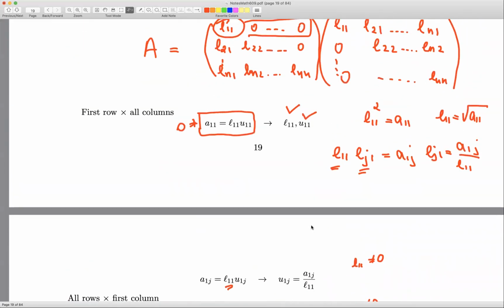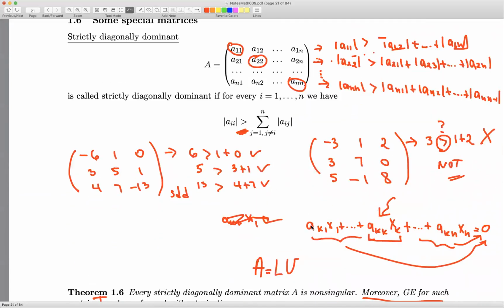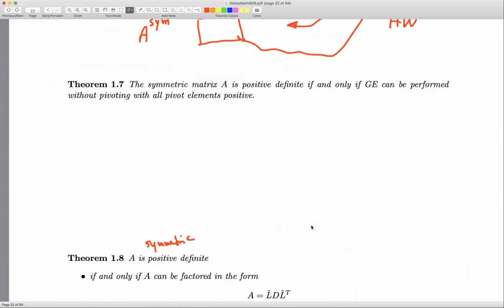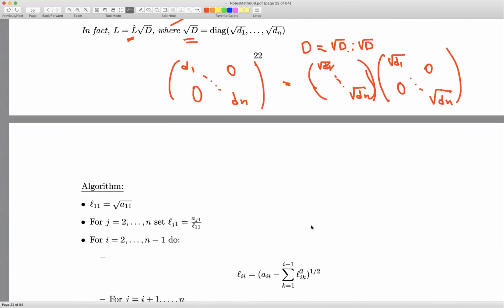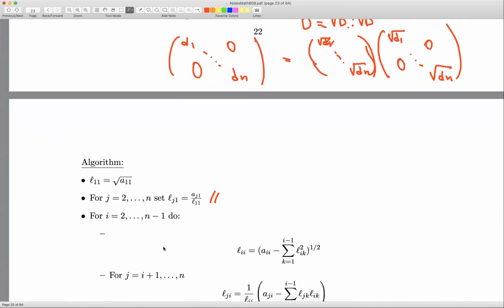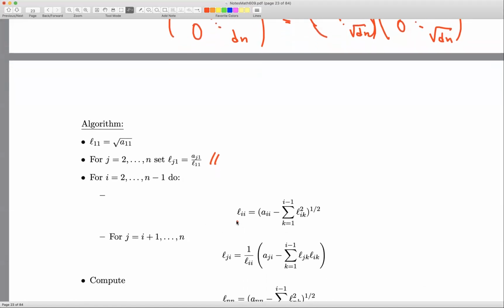So we end up with this equation for Lj1. And then if we look further, we apply the algorithm for the LU factorization in this particular case, and you will find what Lii is.